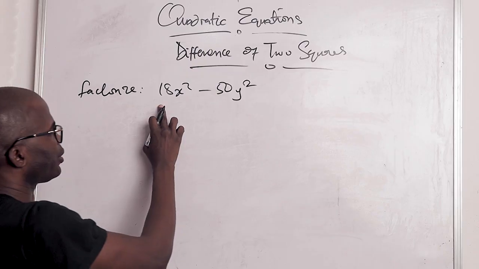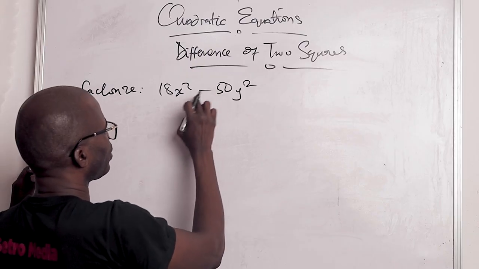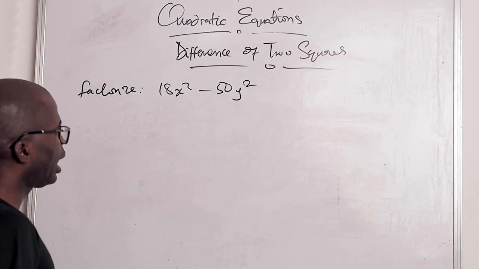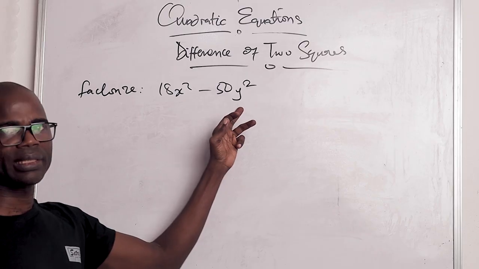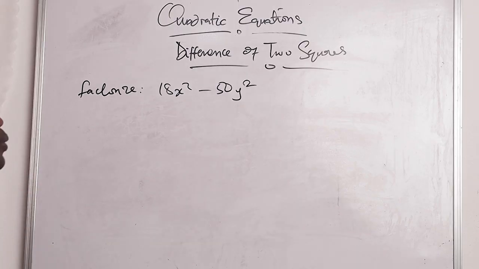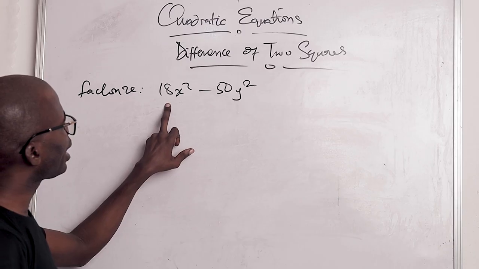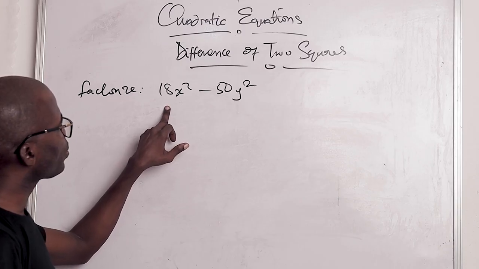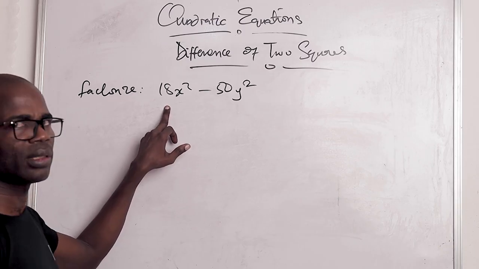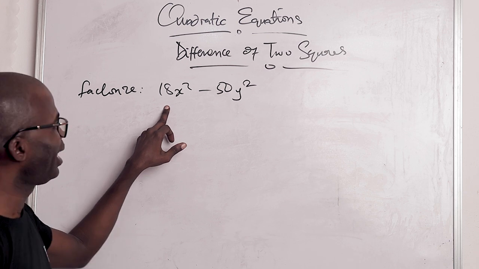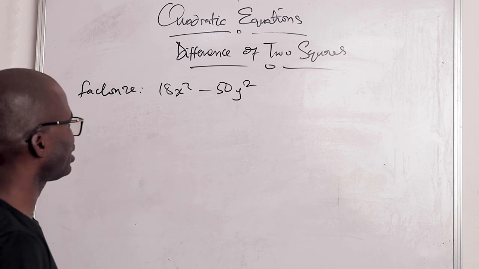Can this be tagged as difference of two squares? How? The first thing that should come to your mind is, I have 18 here, and the square root of 18 is nothing like a whole number.